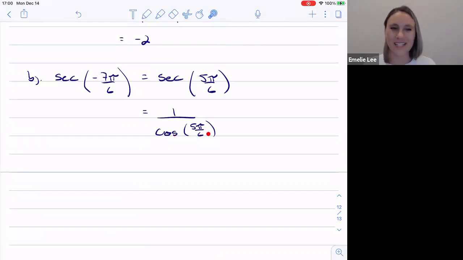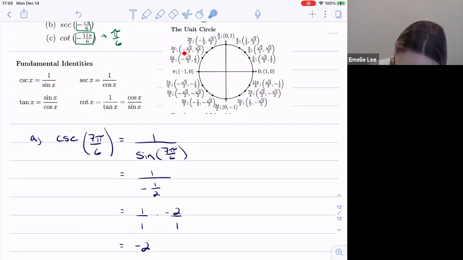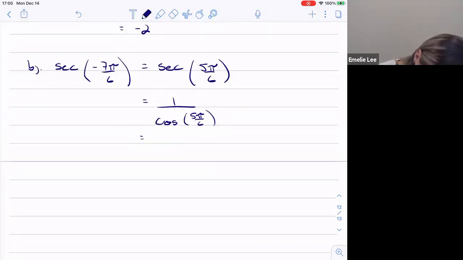But the cosine is the x value at 5 pi over 6. And so the x value at 5 pi over 6 is negative root 3 over 2, right? So I get 1 over negative root 3 over 2.